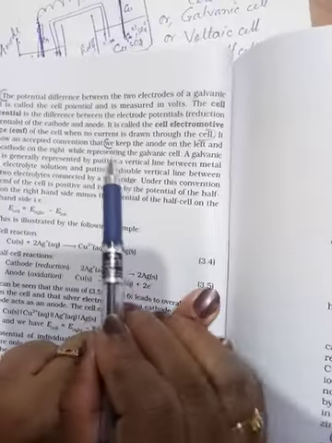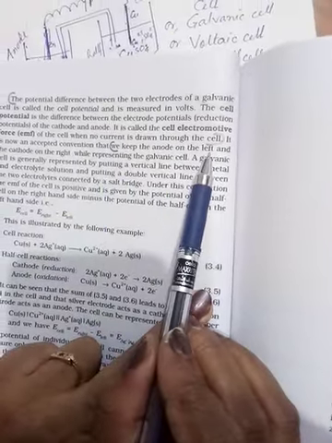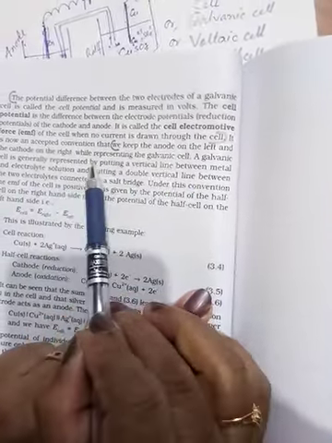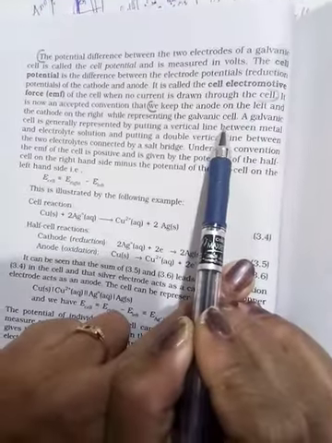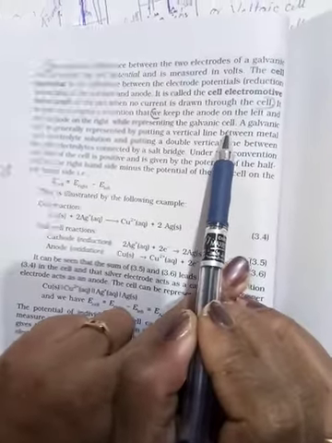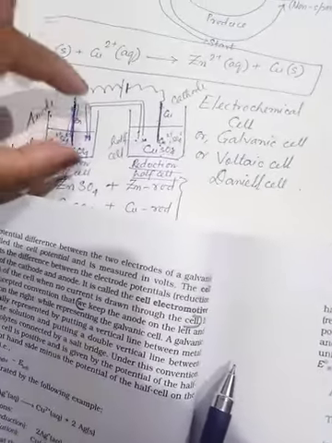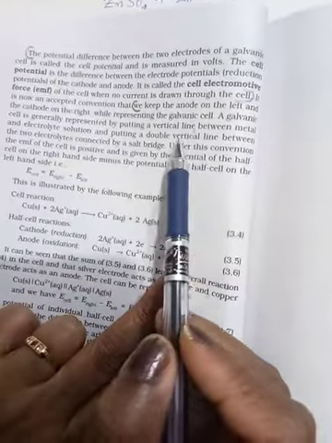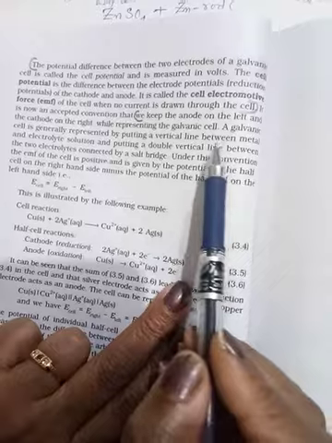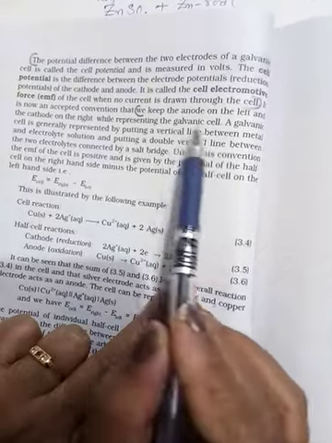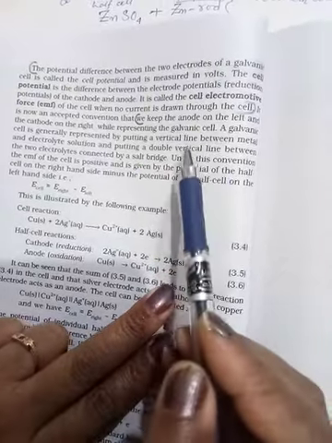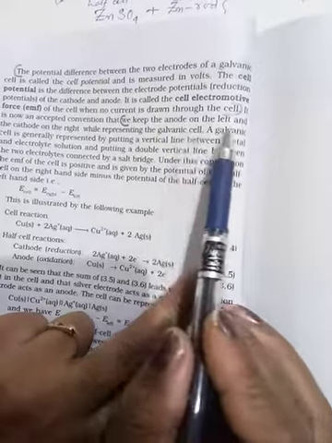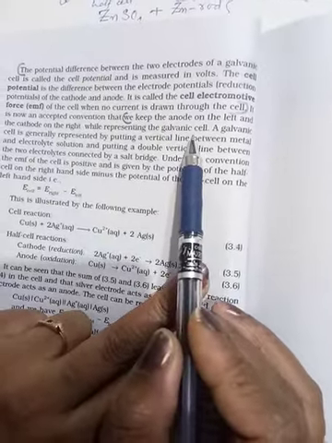By convention, we keep the anode on the left and the cathode on the right while representing the galvanic cell. This is very, very important for you to note. When we draw this also, the left side one is always the anode and the right side one is always the cathode. The representation I will explain to you a little later, more elaborately, along with the vertical line and double vertical line. You just remember, on the left is anode and right side is cathode.